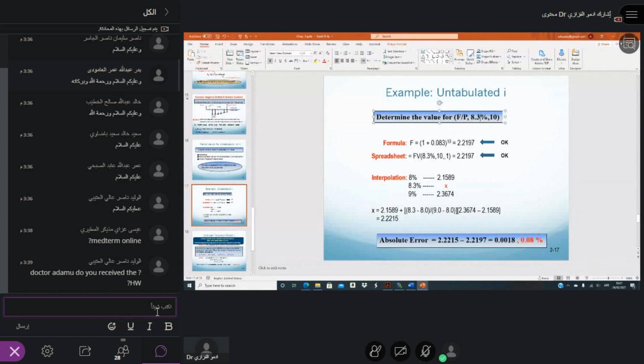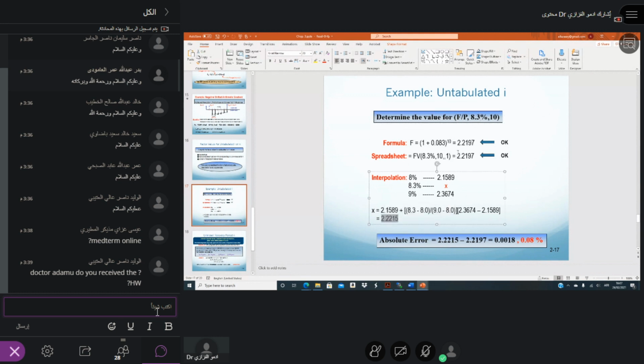But if you are trying to use interpolation, then you find the factor at 8%, then you look for the one at 9%, because this value is in between the two. At 8%, this is what you have. At 9% it is 2.314. So if you have this, then you do the mathematics and you get a value which is around this.